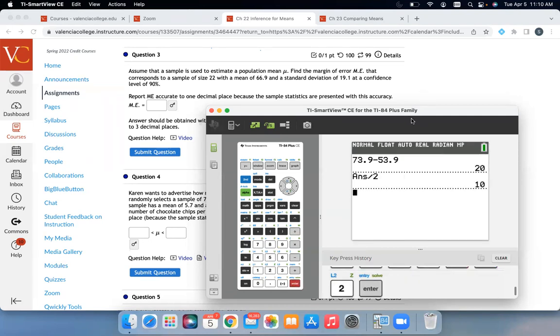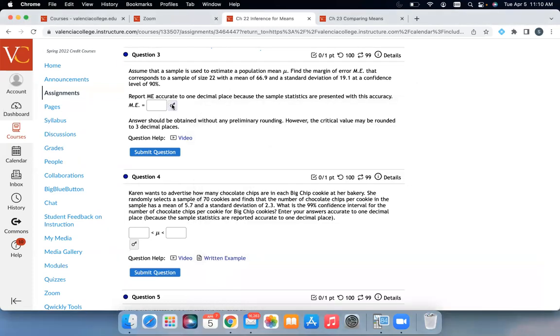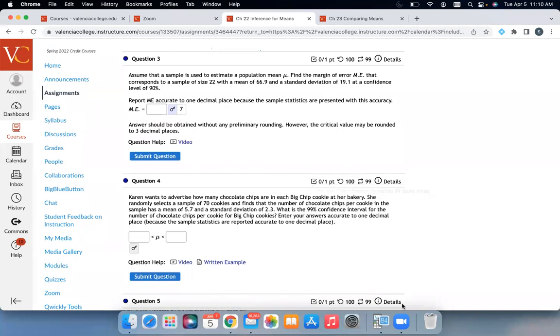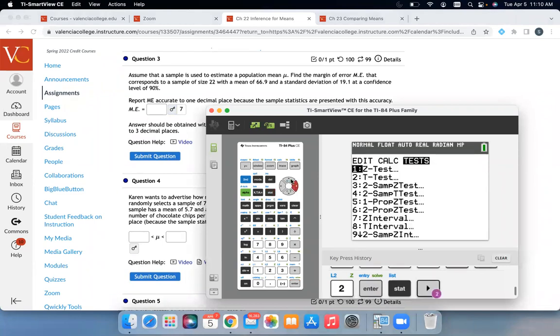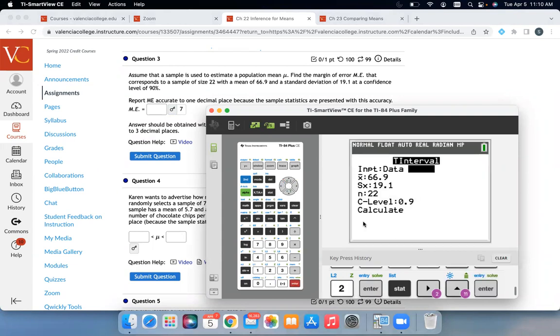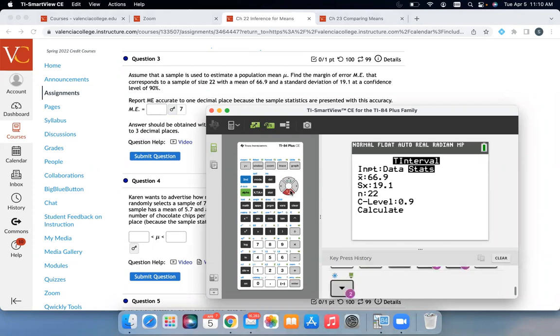Okay, so I rounded a little bit. It's not going to be exactly 10. Wait, did I type something wrong? How are they getting 7? I got to check my math now, because I didn't round that much. T interval, 66.9, 19.1, 22.